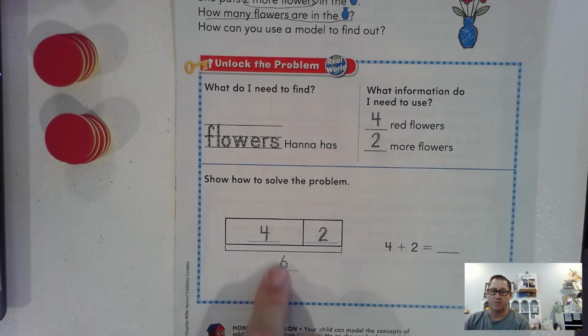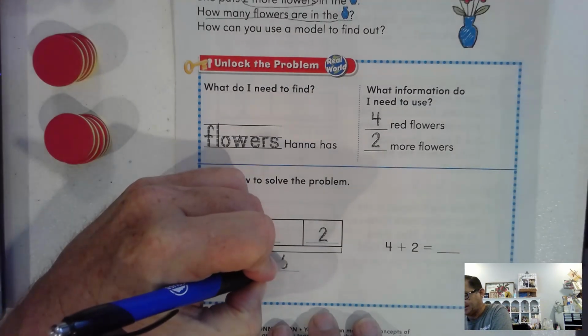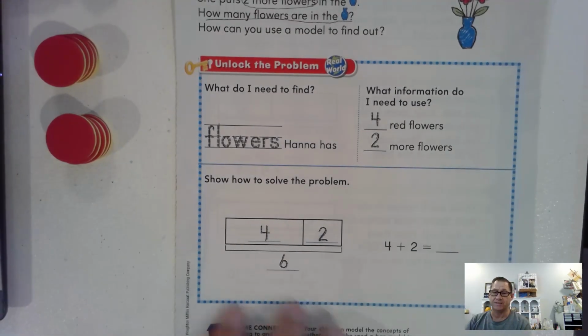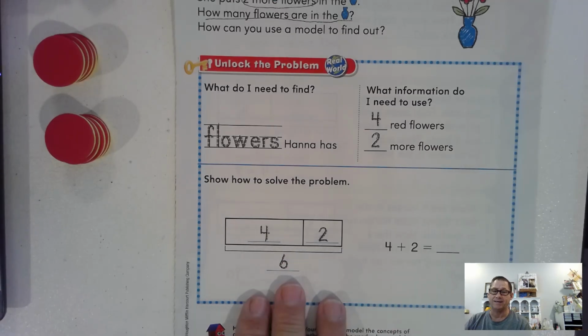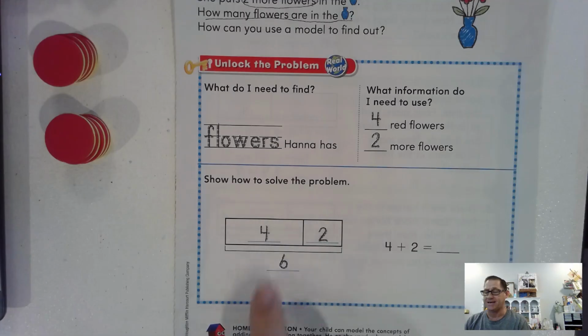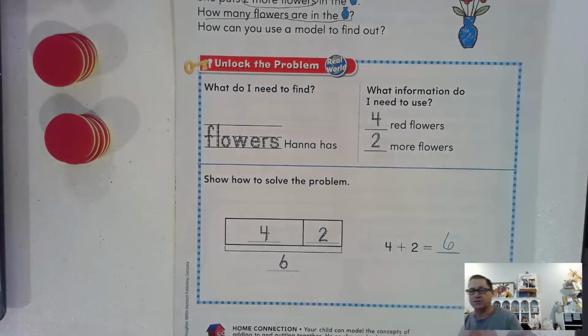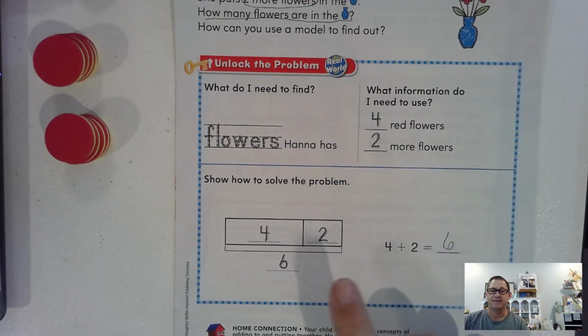The number below the 2 parts is the whole, or the sum in this case. So all together they'll equal what? Well, 4 and then 2 more, 4, 5, 6, right? So she put 6 flowers in the vase.